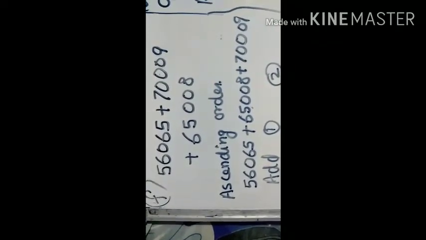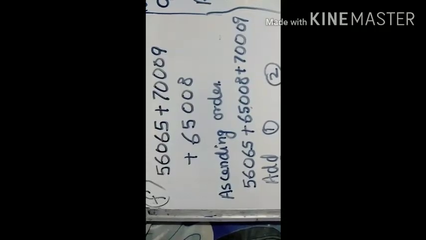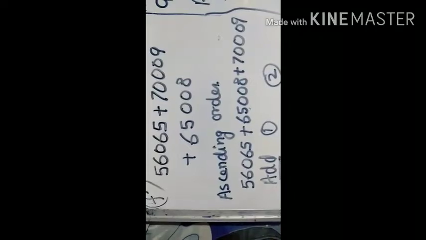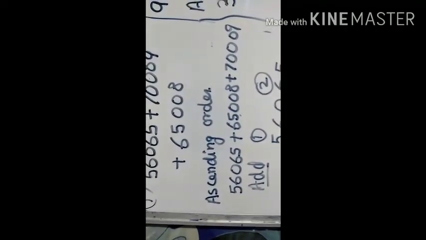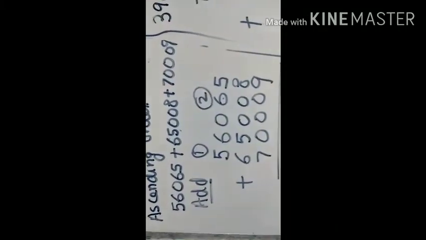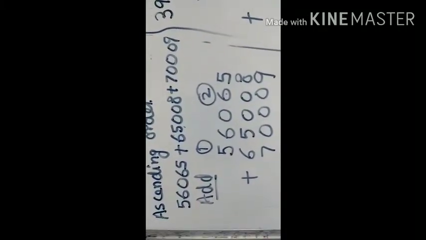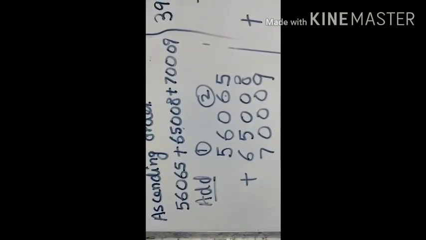So write 56,065 plus 65,008 plus 70,009. I have written like that. You note down fast. Now the addition part. We just put the digits like that: 56,065, 65,008, 70,009.